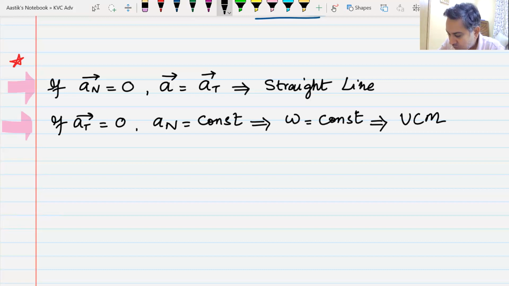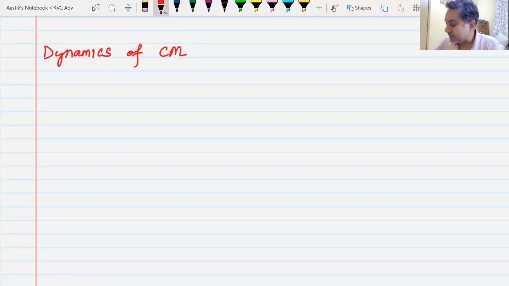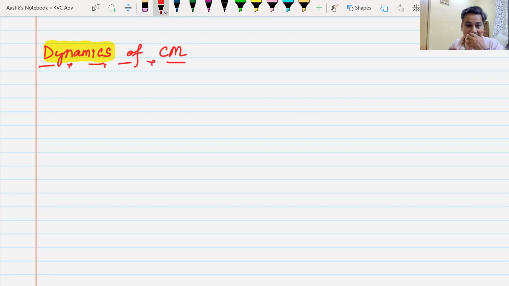Then we move on to the next part, which is dynamics of circular motion, or circular dynamics, we call it. As soon as I use the term dynamics, it means we will talk about what causes this acceleration.